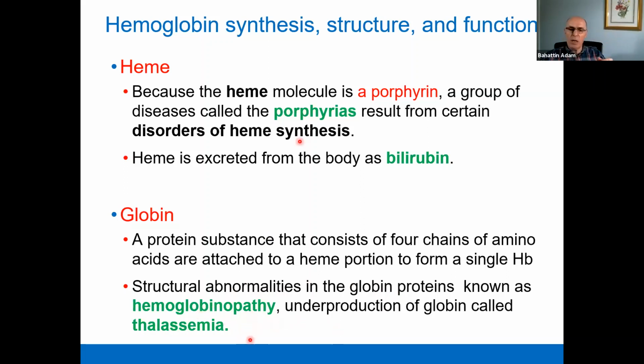These two are the most common diseases. In terms of the pathology, hemoglobinopathy is such as sickle cell anemia, and thalassemia is about underproduction of the globin. There are different types of thalassemia, alpha and beta. It's common in Europe.